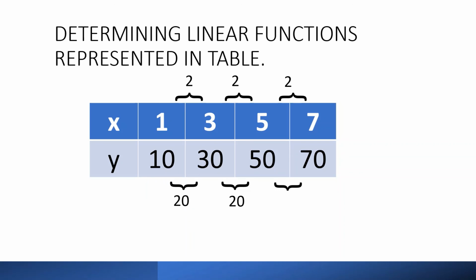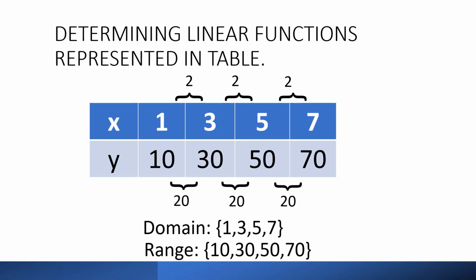And 70 minus 50 is 20. So, this table represents a linear function. And we have the domain 1, 3, 5, 7 and the range 10, 30, 50, and 70.